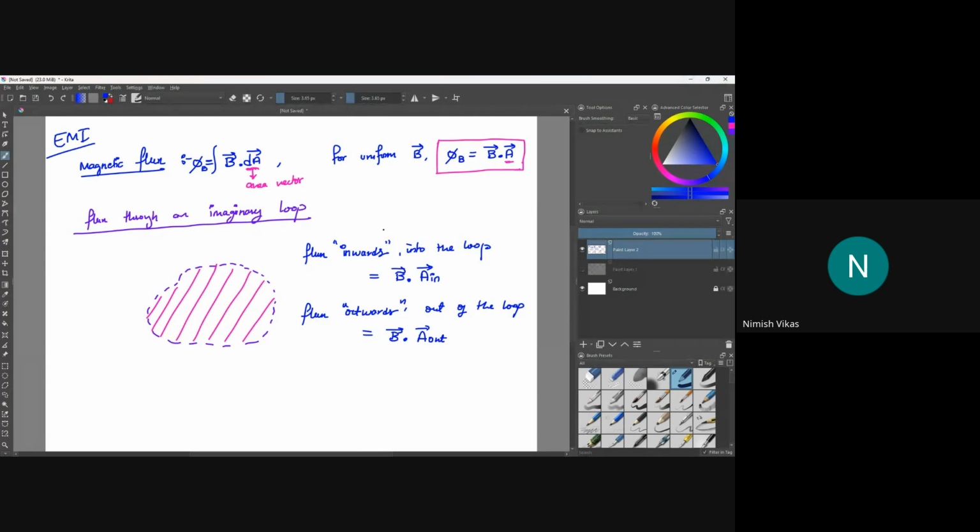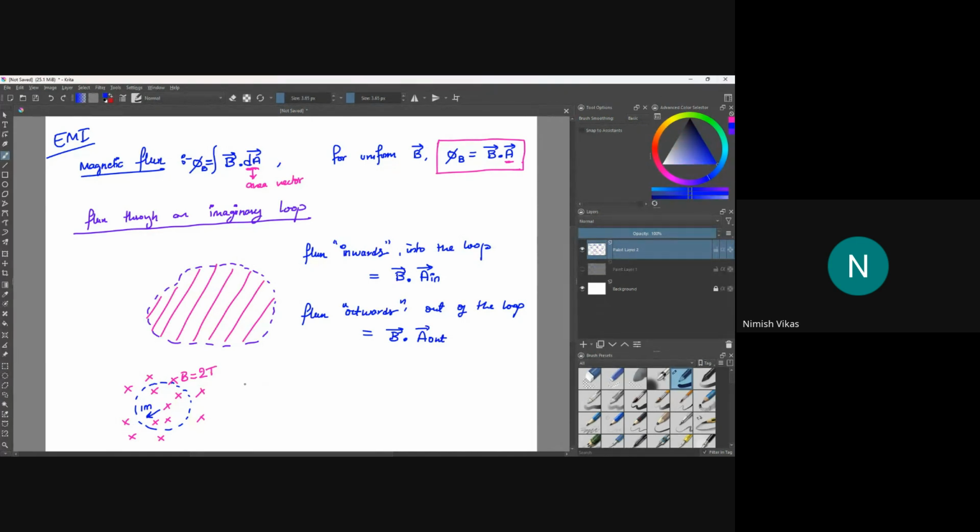A very simple example: you have a circular imaginary loop of, let's say, 1 meter, and there is a uniform magnetic field in the region enclosed by the loop, equal to, let's say, 2 Tesla.